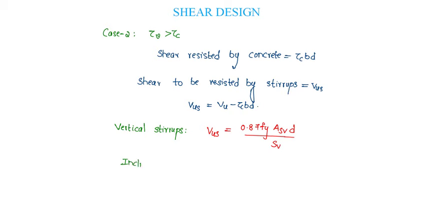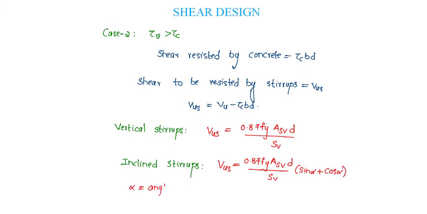Whereas when inclined stirrups are used, VUS will be equal to 0.87 Fy ASV into D by SV into sin alpha plus cos alpha, where alpha is the angle of inclined stirrup with the axis of the beam.